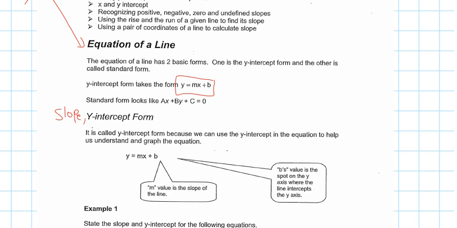The letter m is called the slope of the line. Okay? When I say slope, I mean steepness. So how steep is my line? Is my line going up? Is my line going down? So the slope means the steepness of the line.